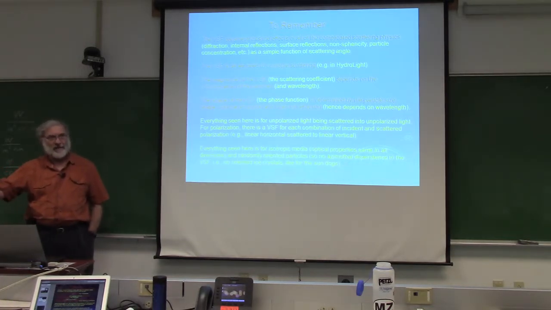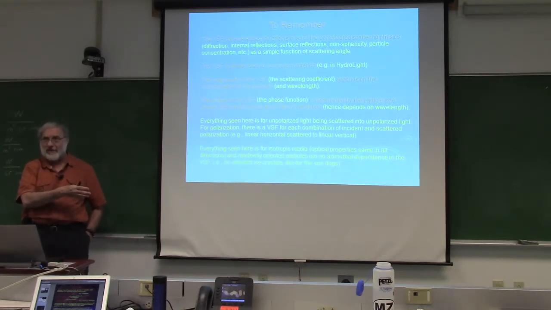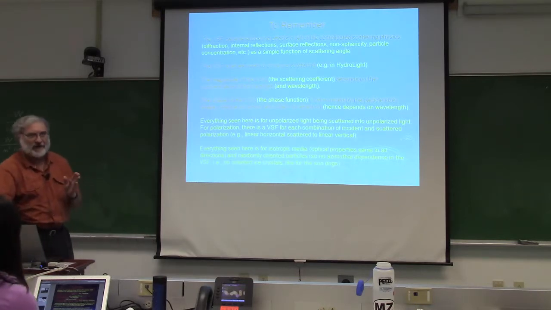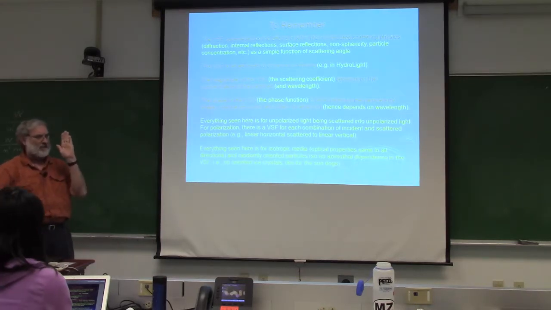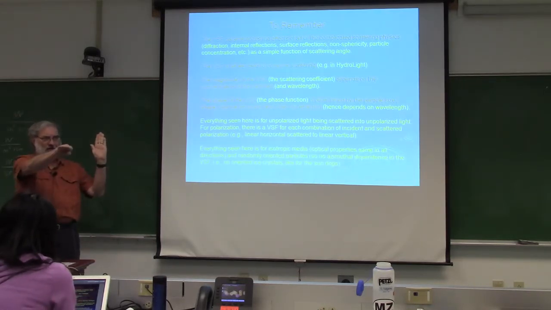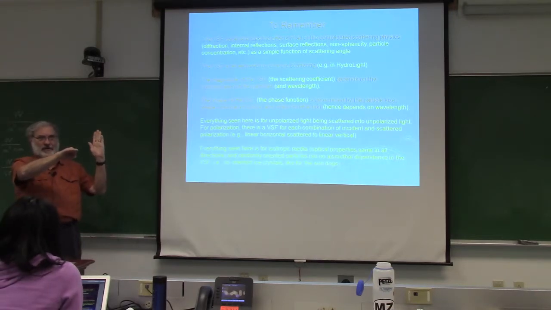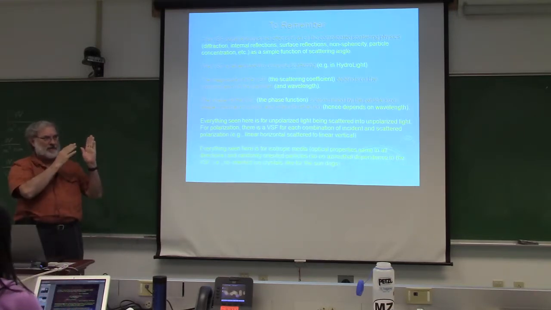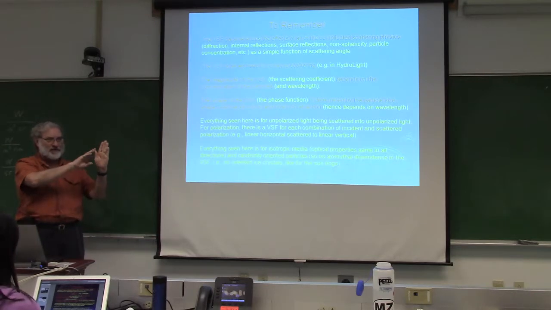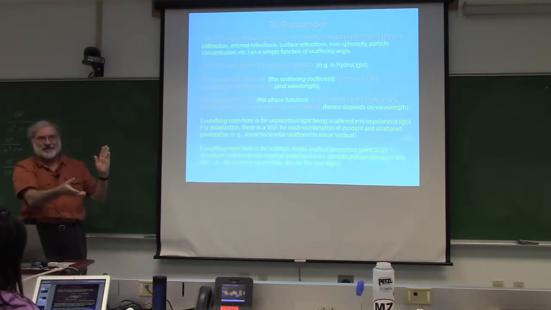Keep in mind that everything you looked at here is for unpolarized light being scattered into unpolarized light. If you're dealing with polarization, which you always have if you're shining a laser in the ocean, then you'll have a VSF that says, if I have polarization in this direction and it scatters into this direction, there's a VSF for that. If it's linearly polarized and it scatters into circular, what's the VSF for that?